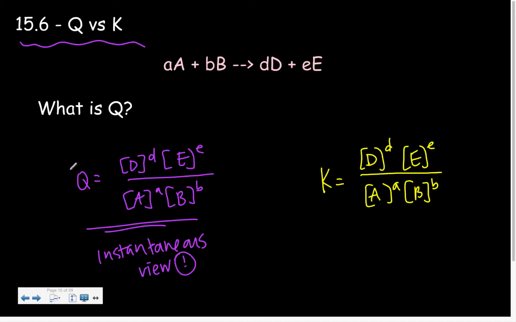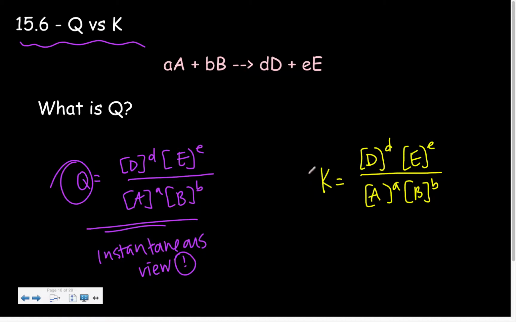Okay? Meaning these can be initial concentrations, these can be almost at equilibrium concentrations, these can be any concentrations you want them to be, right? If we label them with a Q. Now the point is that we can compare Q and K to talk about where a reaction is and where it is heading.